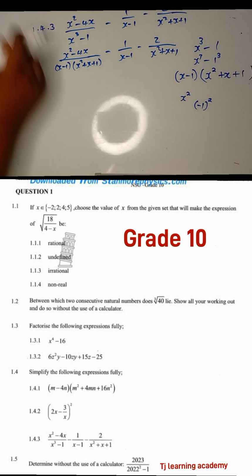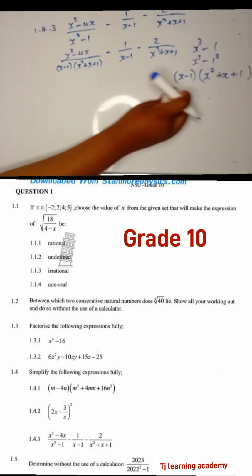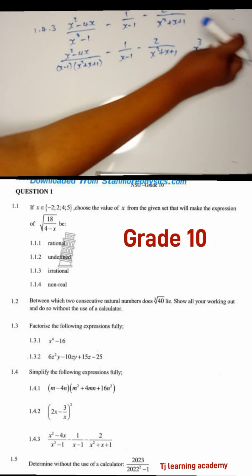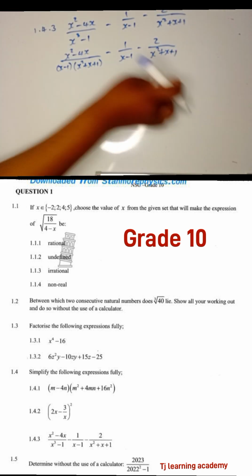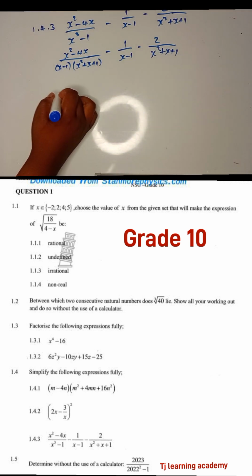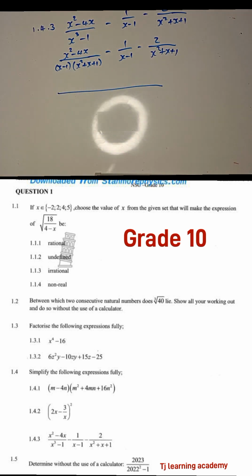The next step we are going to look for the lowest common denominator, the LCD. If they are the same, we're going to take one bracket.